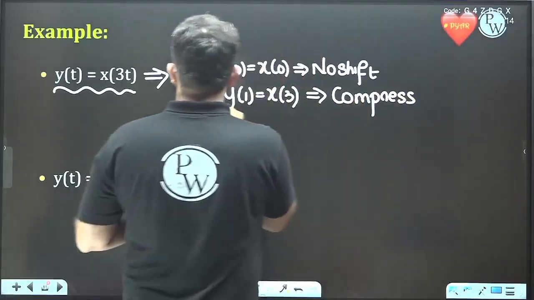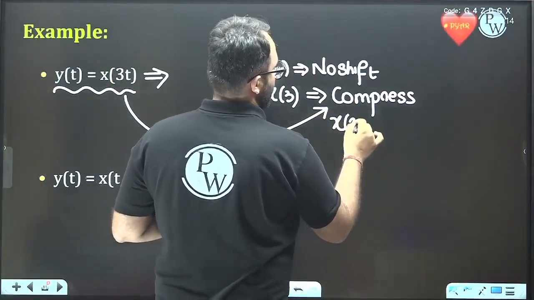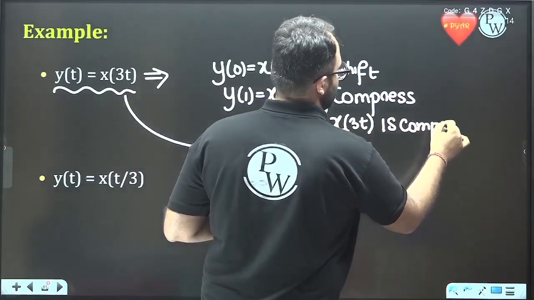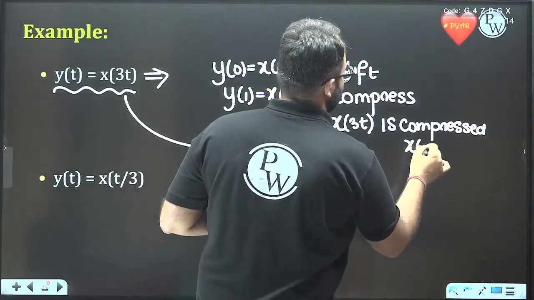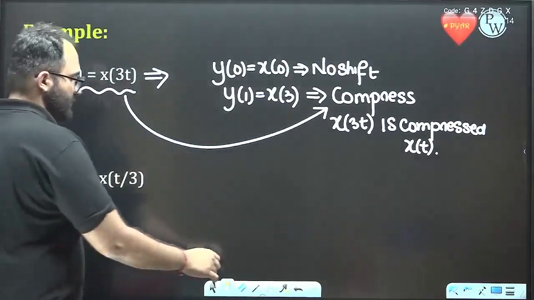So we can say that x of 3t is a compressed version of x(t).